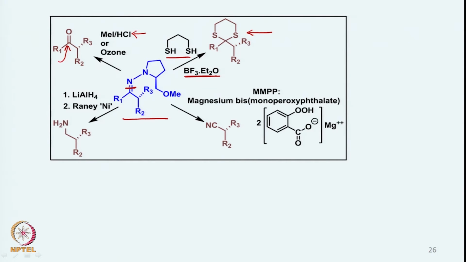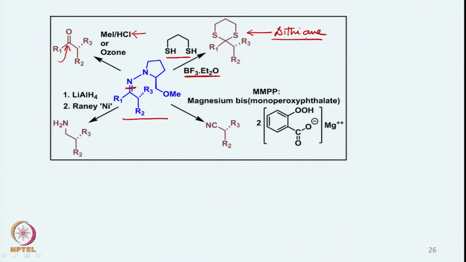It is very similar in its reactivity to a carbonyl group, and therefore we can prepare the dithiane, this is a 1,3-dithiane, in the same pot.